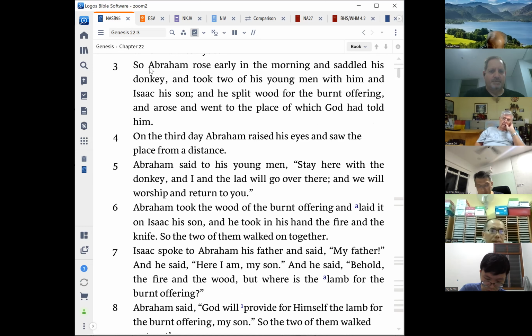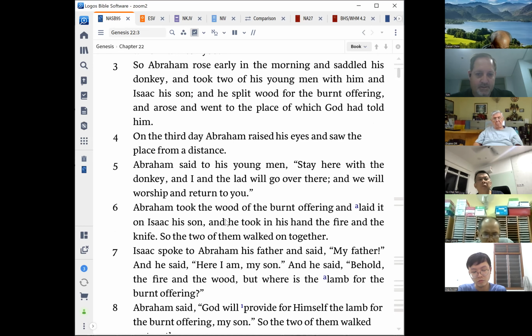I think in verses 3 and 6, he describes Abraham's steps and his acts of obedience. He got the wood, he went to the place, and he brought with him the fire and the knife. So we might see some significance in that description. Anything else sticks out?